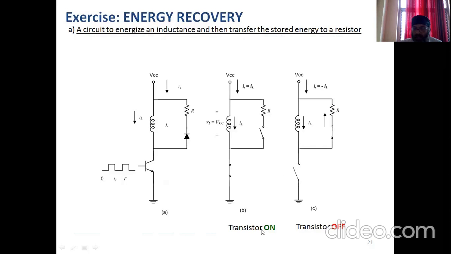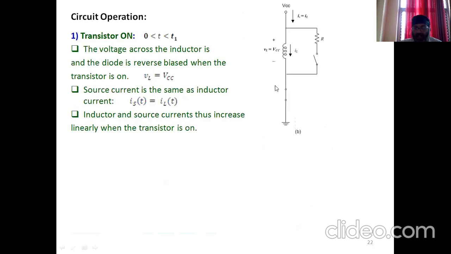Now, the active switch, the transistor, is on in the first instance. And then in the next instance, the transistor is off. So first, when the transistor is on, how does it happen? In the first condition, when the transistor is on, the voltage across the inductor is VL equal to VCC.